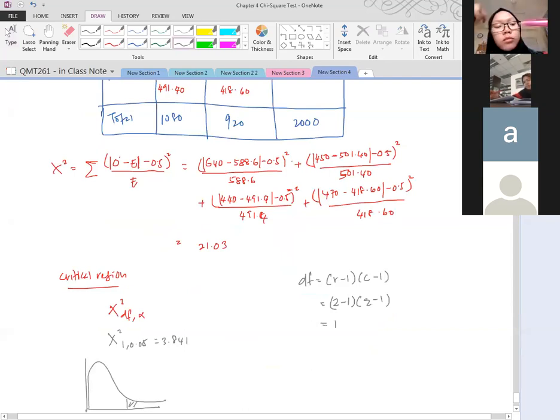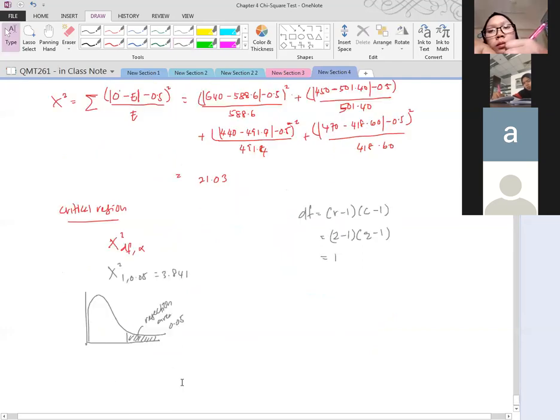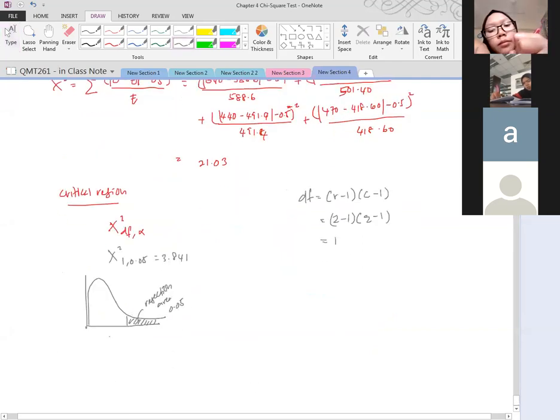So this is the rejection area, 0.05. So our decision is, since chi-squared calculated is more than 3.841, H null is rejected.